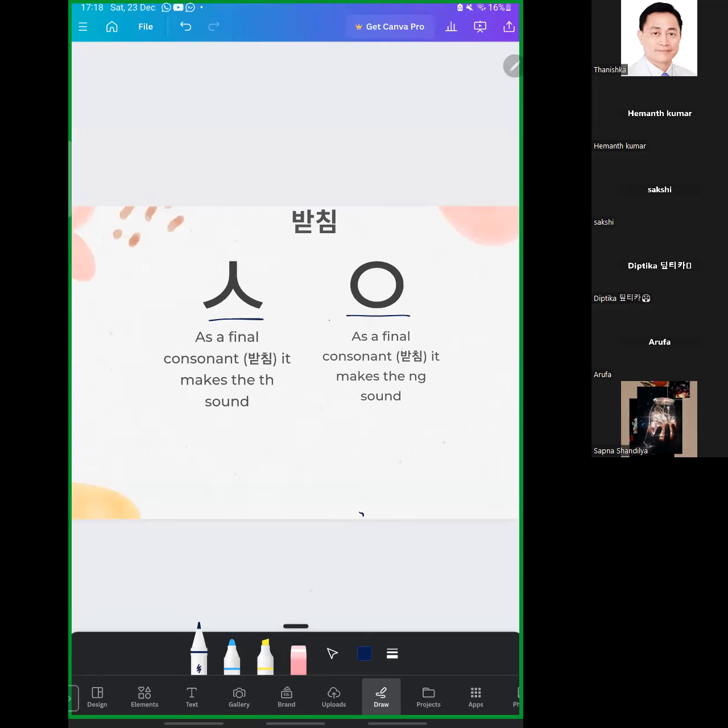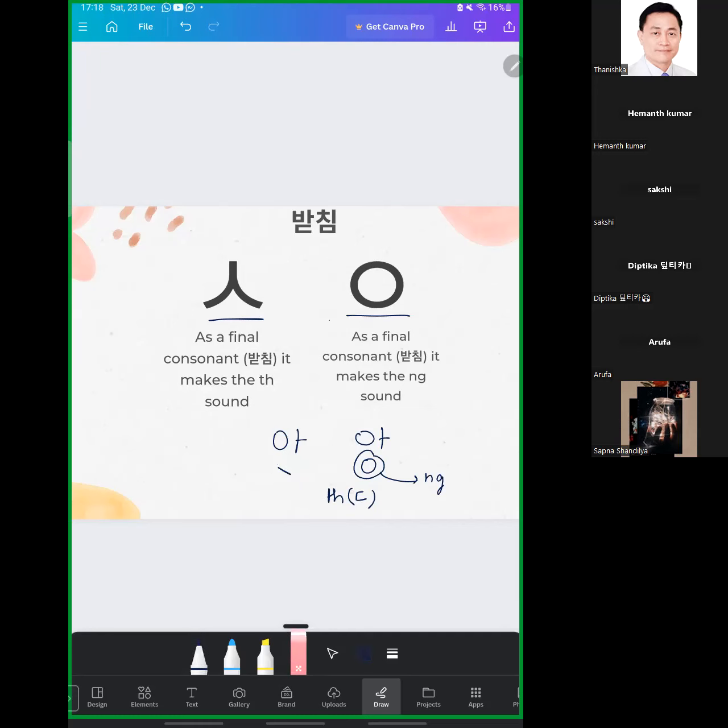When these letters come as the final consonant, they have a different sound. This sounds like at. You won't say as, you say at. Here also, when this alphabet comes as a final consonant, it makes the ng sound. So this becomes ang. These are the two bhatshims that we had learned before.